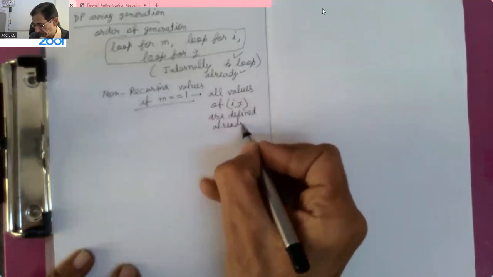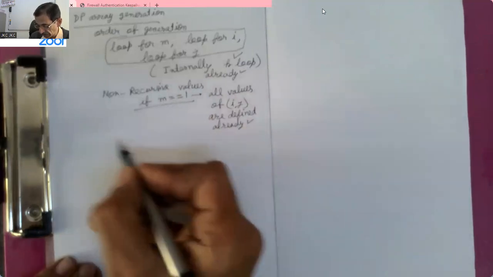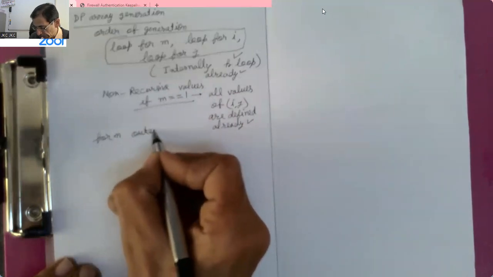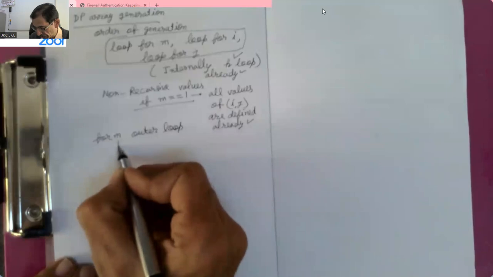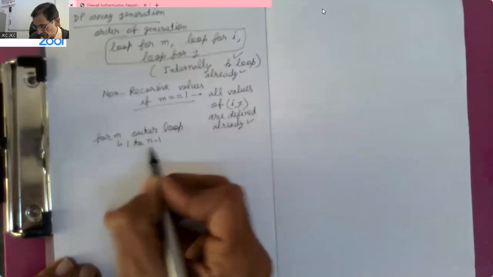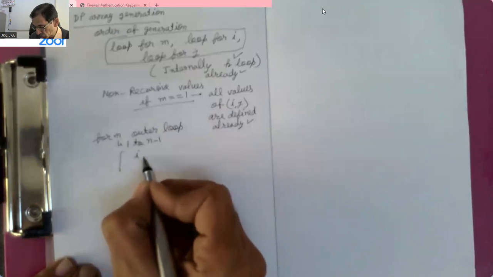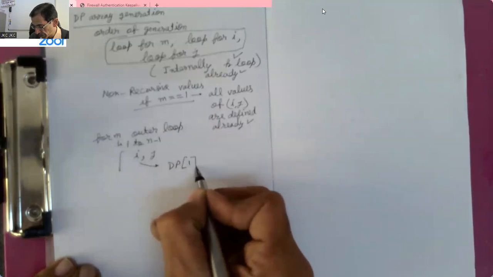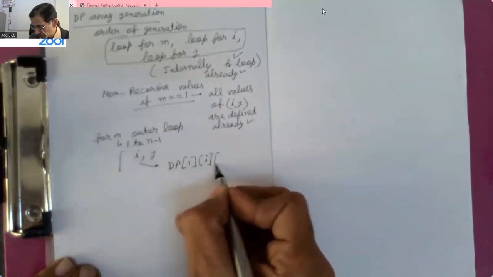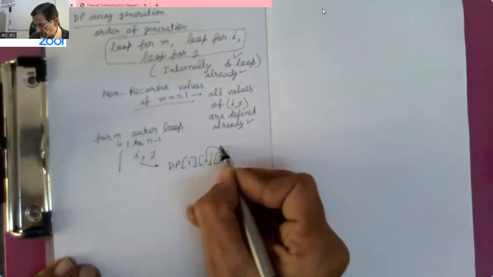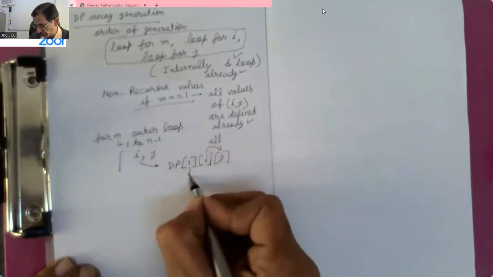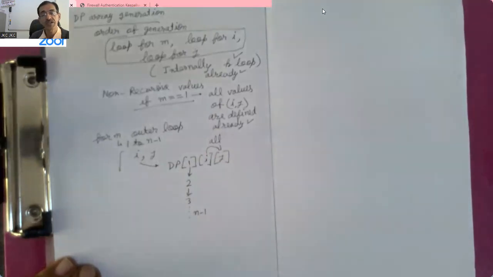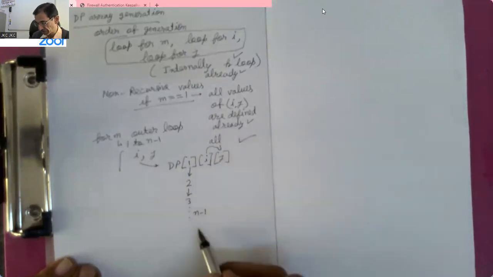Hence, these values can be directly used. So that straight away tells that the m loop will be the outer loop. And for every m, from 1 to n minus 1, internally the i loop followed by the j loop will calculate dp1 ij first. Once all ij are computed, then this 1 will change to 2, then 2 to 3, and it will go up to n minus 1.